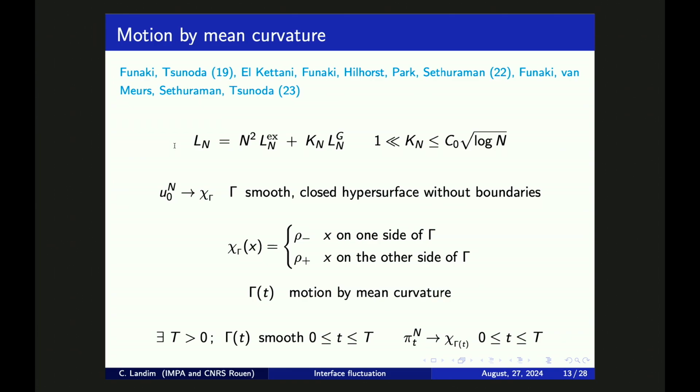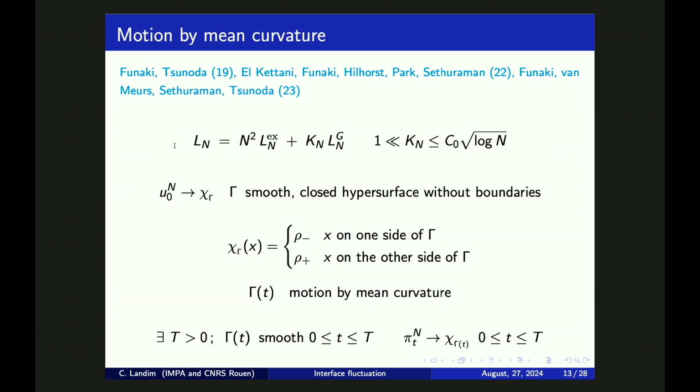Funaki, Tsunoda, and later El Kettani, Funaki, Hilscher, Park, Tournus, Funaki, Van Meurs, Tsunoda, proved the law of large numbers in the case in which you allow k_n to tend to plus infinity, but at a very small rate. You have to assume, and I'll try to explain that later, that k_n is bounded by a constant times square root of log n.